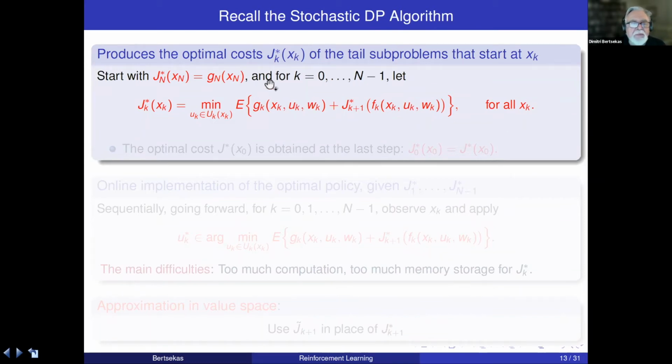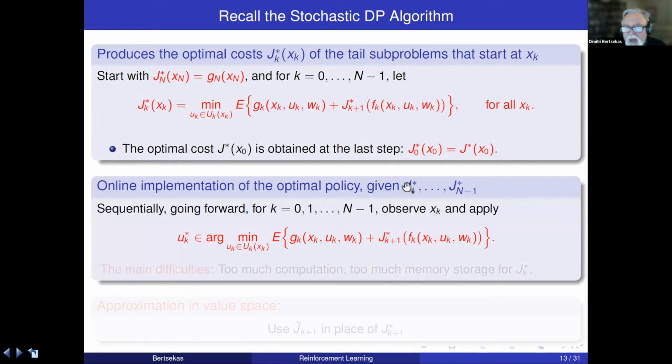It produces the optimal costs of the tail subproblems that start at any stage and any state, going backwards, starting at the end, and going one step earlier using this recursion. First stage costs plus optimal cost to go, minimization, and goes all the way back from n-1 down to 0. And the optimal cost function is obtained at the last step of this algorithm.